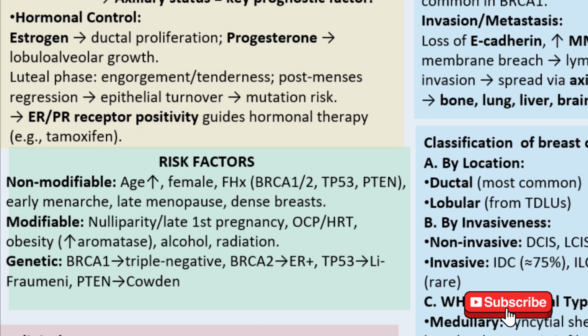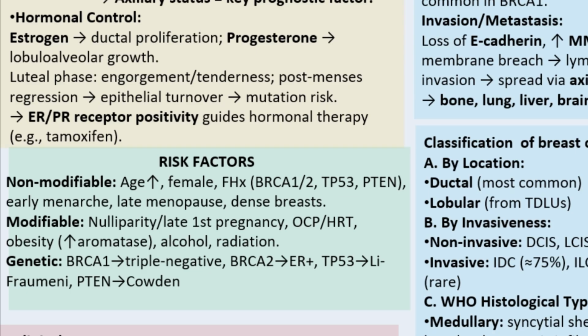Then we have alcohol, and we have radiation. Then we have the genetic factors, that is the BRCA1, which gives us triple negative breast cancer, and this is the most aggressive form of breast cancer. We have the BRCA2, which gives us estrogen receptor positive breast cancer.